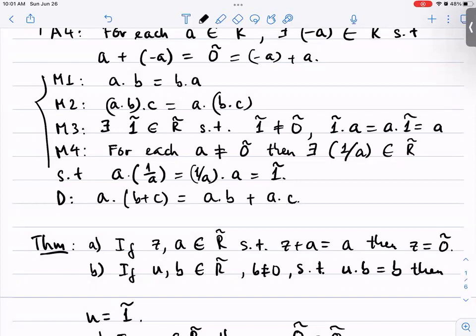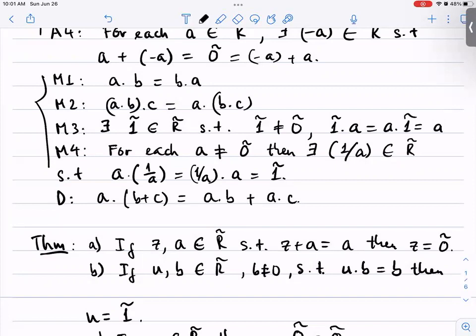Then the third statement is about the number one element. Again, it is denoted by a special symbol here to emphasize that this is just a symbol satisfying these properties, these axioms, and not necessarily the number one that you are so familiar with.